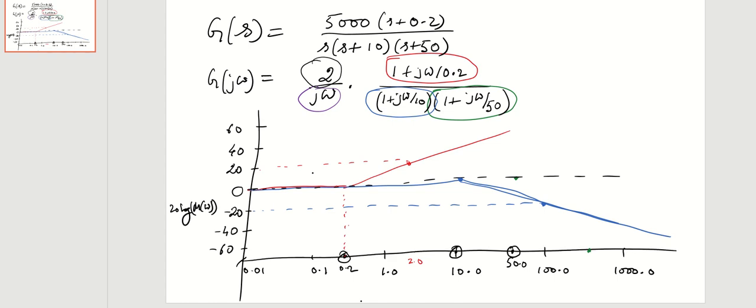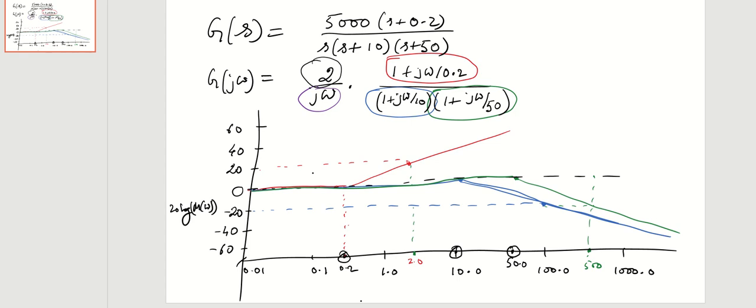Somewhere here will be 500, which is just 1 decade above. So this will be a parallel line. This green one comes all the way here up to this corner frequency and then goes off. So these are parallel lines, even if they don't look like it, but these are both going down at minus 20 dB per decade.